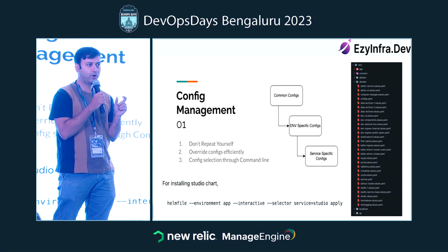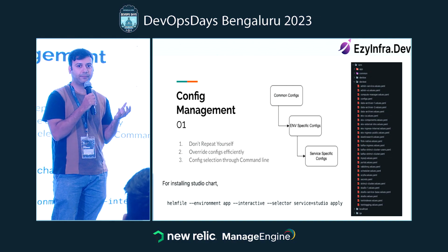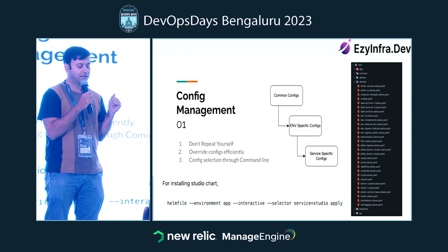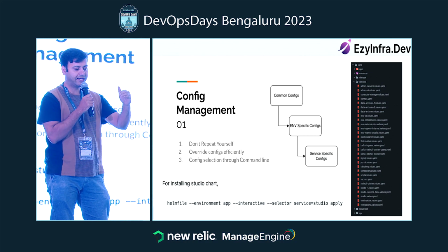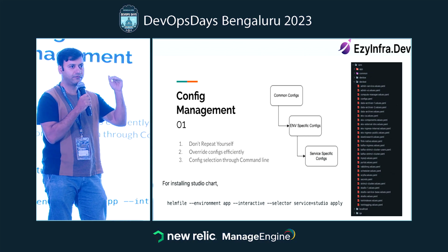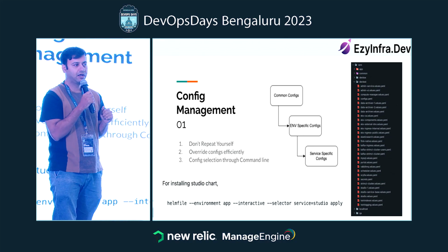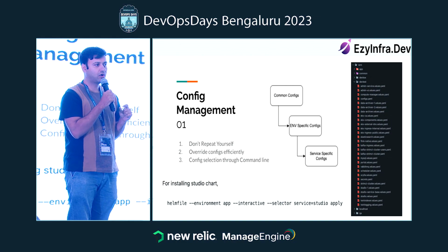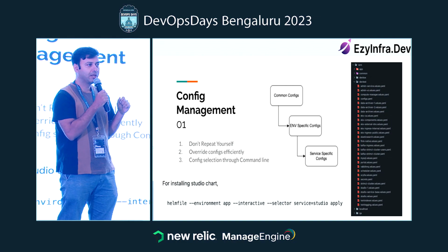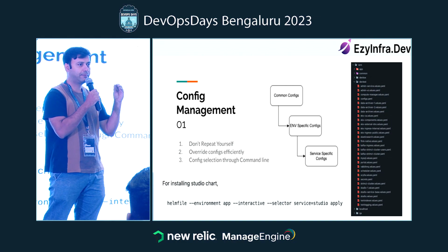One important principle of Helmfile is don't repeat yourself. What it means is you can see there is a hierarchy: first there is a common config, then environment specific config, then service specific config. I'll give you an example. In the common config, we define what the default pod size should be.